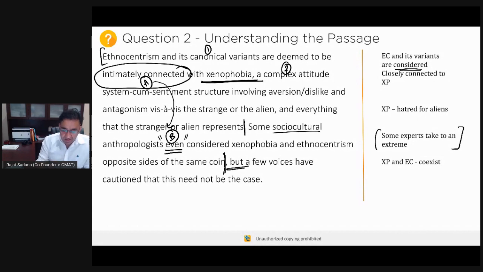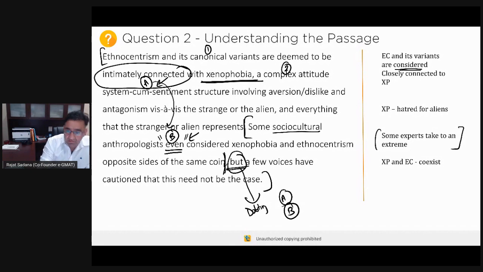Now, when you look at this part, what is this "but" referring to? Is this "but" over here doubting A, which is this part over here, or is it doubting B, which is this "even" part over here? What is the scope of this part after "but"?